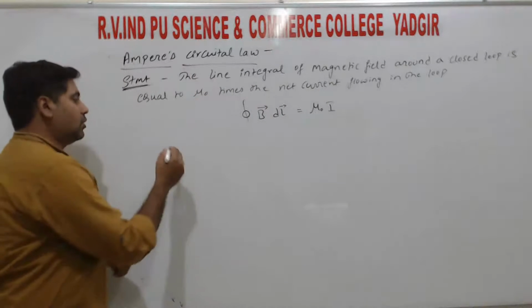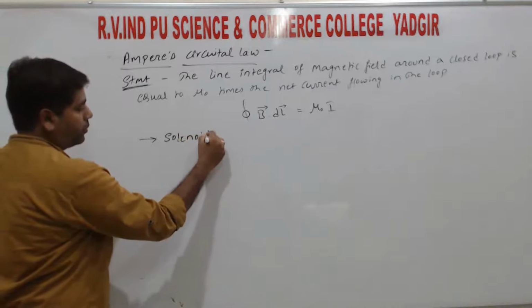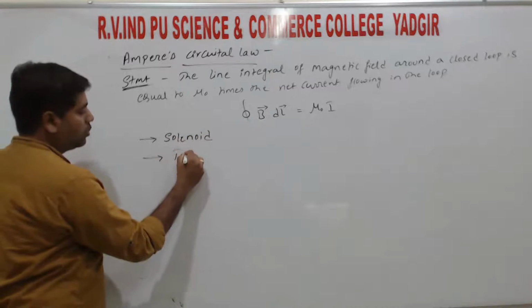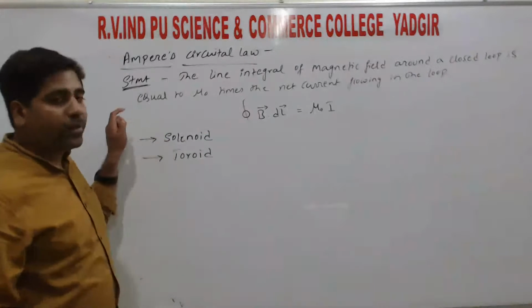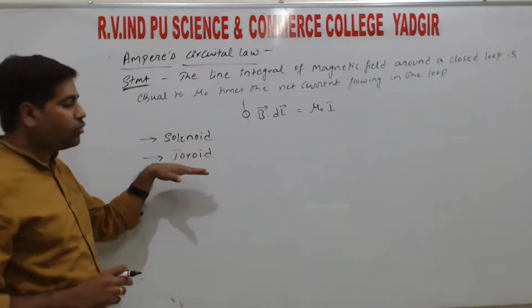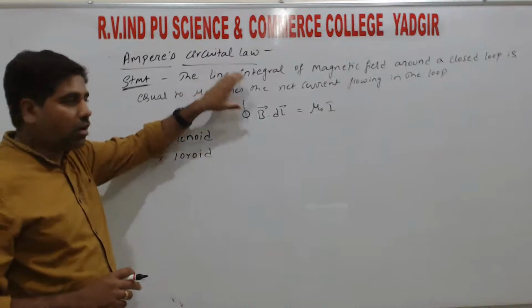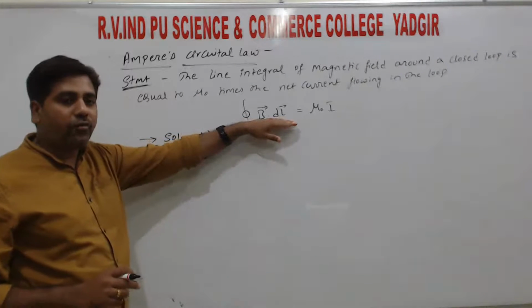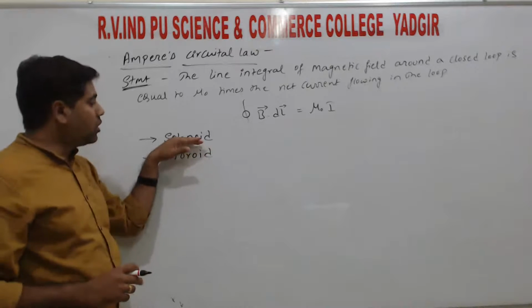That is solenoid and toroid. So these are the two applications of the Ampere circuit law. That means to find the magnetic field in the solenoid and in the toroid, we use the Ampere circuit law. By using this relation, we are going to find out the magnetic field in solenoid and toroid. So what are solenoid and toroid?